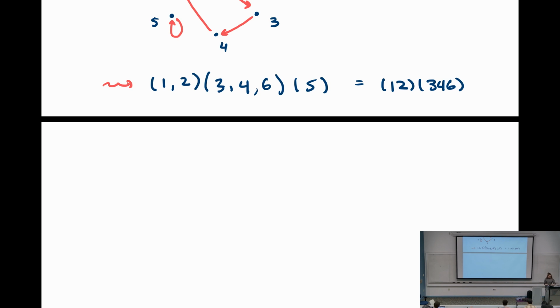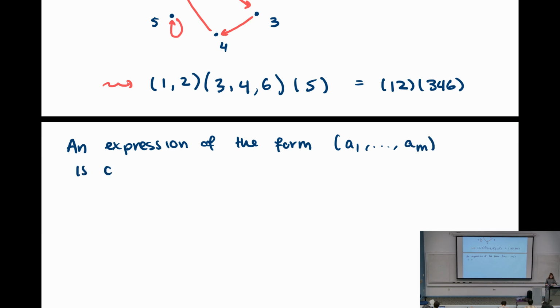Okay, so an expression of the form (a1, ..., am) is called a cycle of length m, and it denotes the permutation where a sub i is sent to a sub i plus 1 mod m.